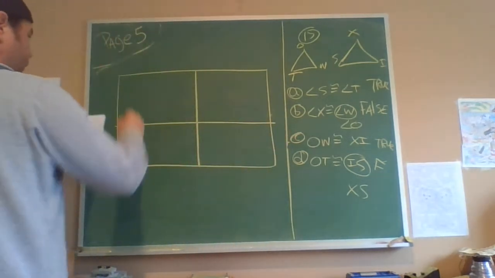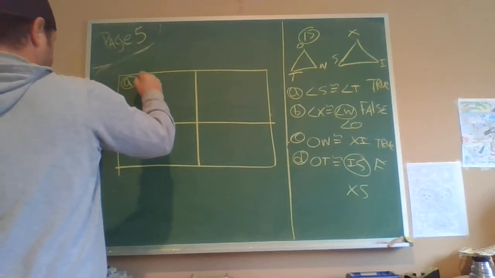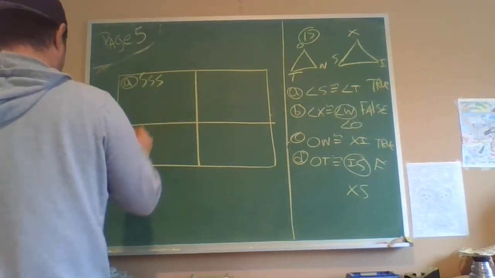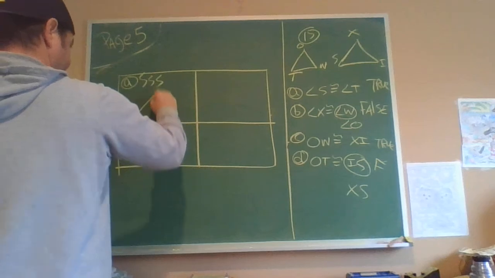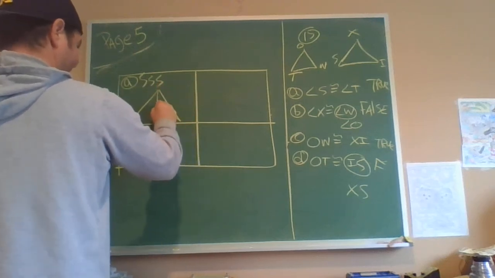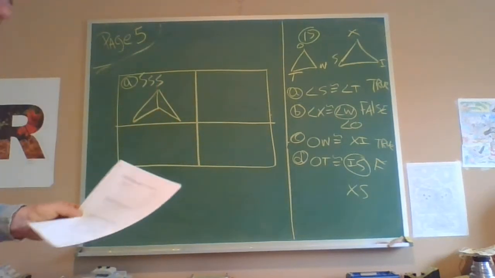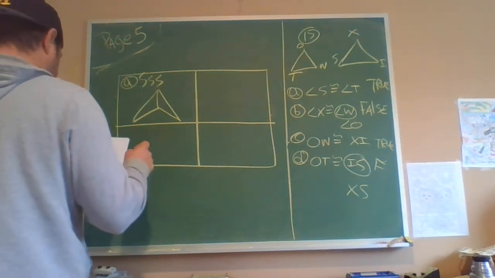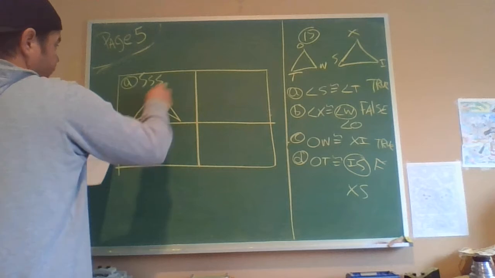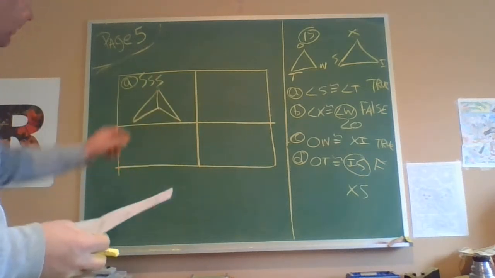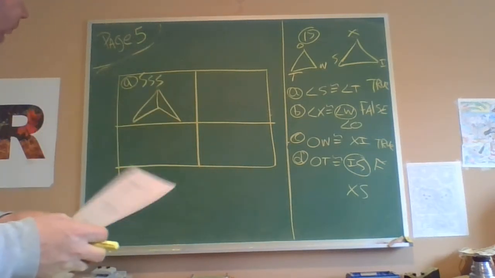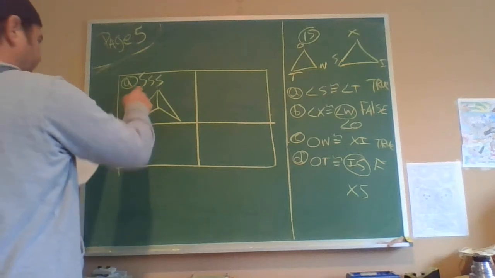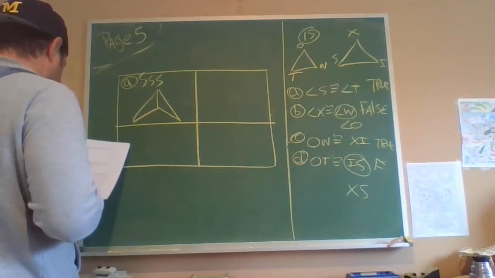We've got 4 situations. So this top one looks something like this, and it says, what would you need to show in order to show that this triangle and this triangle were congruent to each other by the side-side-side congruence postulate?